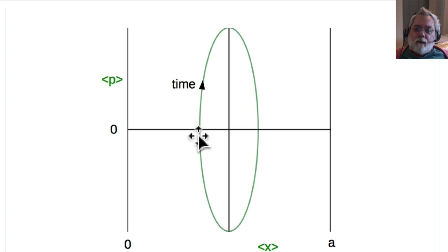The probability current is moving left to right. That continues until the expectation value of P has its maximum value when we've returned to the center of the box. Now the expected value of P starts to decline. It's still positive until we get as far to the right as we're going to get, and then we reverse ourselves.